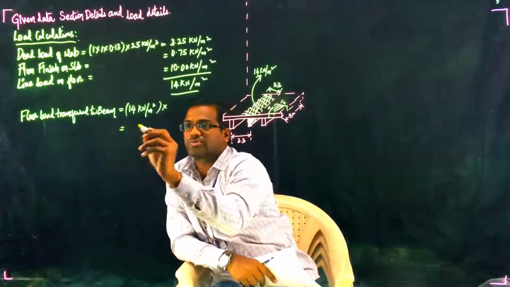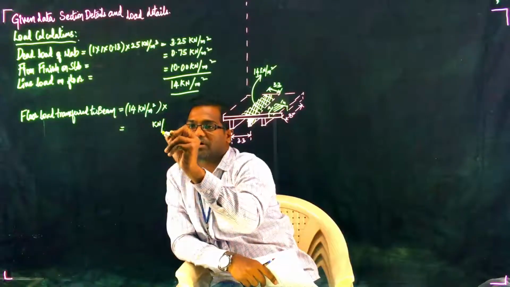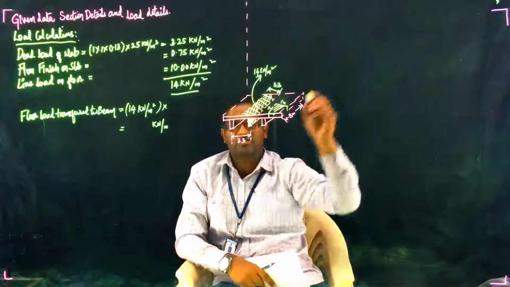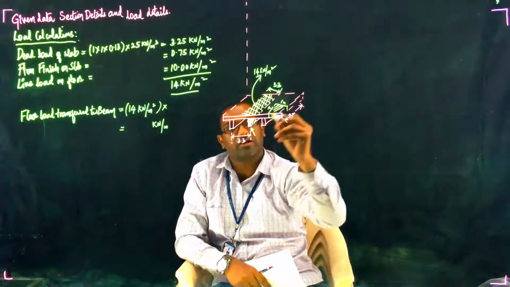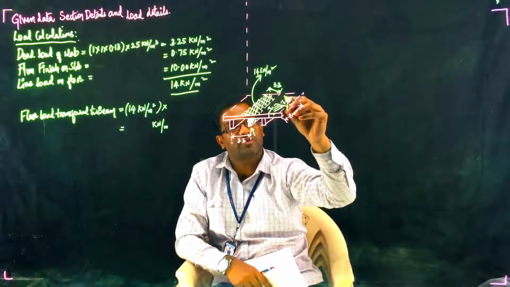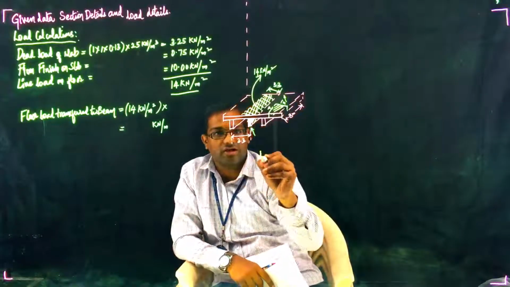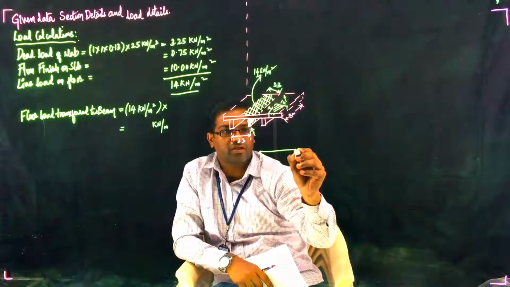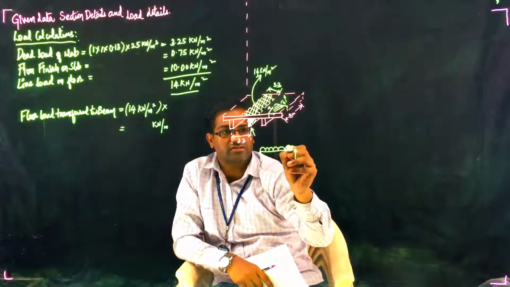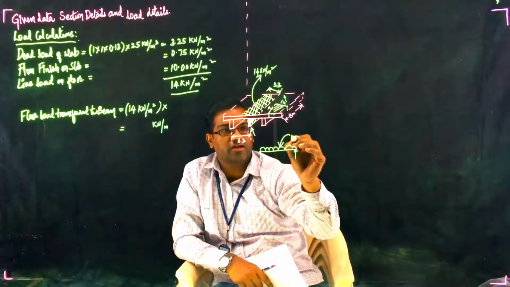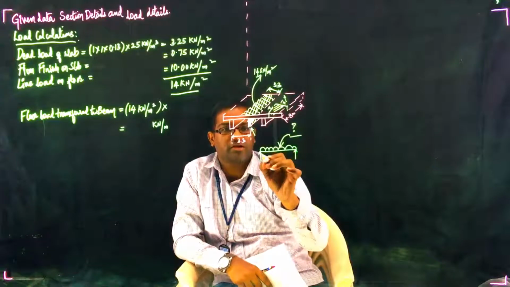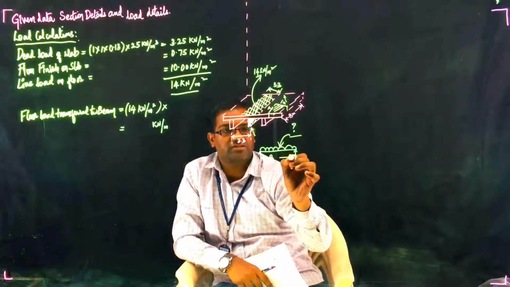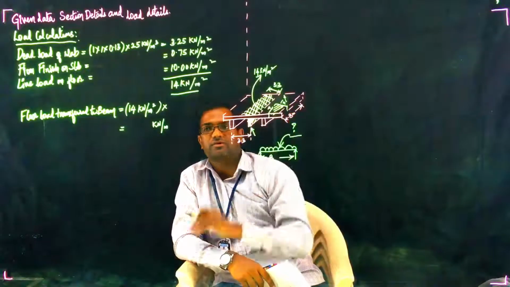The answer should be kilonewton per meter length of beam. So if you have a support here and a support here, and if I draw a simply supported beam, this value should be something like this. So we are trying to calculate this value, how much this would be, and this is 8 meters. This distribution is over 8 meters span.